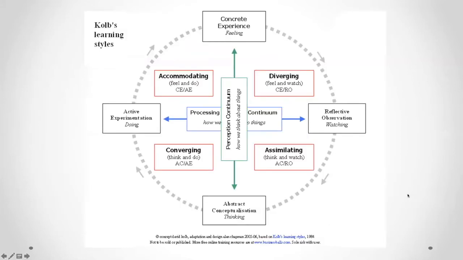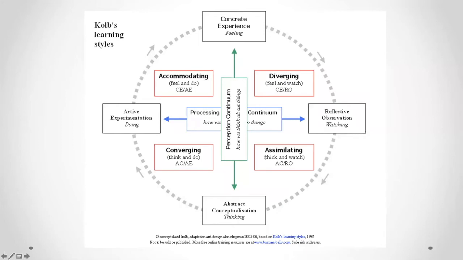For those of you who are unfamiliar with Kolb's learning styles, not that we want to teach to a learning style, but we do want to recognize that some folks are looking for a concrete experience. You'll notice that this is in a circle. Many people think that they need to start with a concrete experience, then go to reflective observation, and then abstract. But actually the research shows that you can start anywhere in this circle.